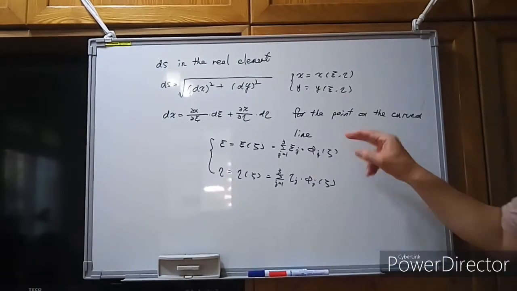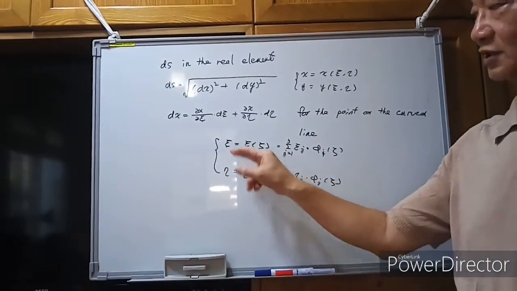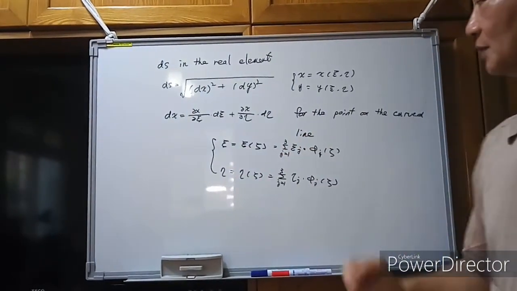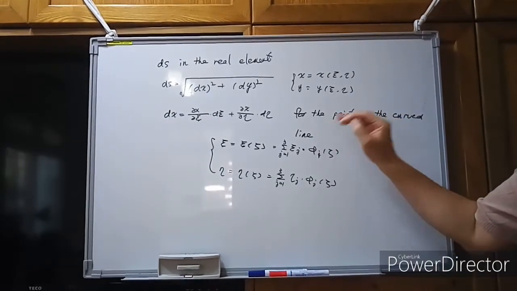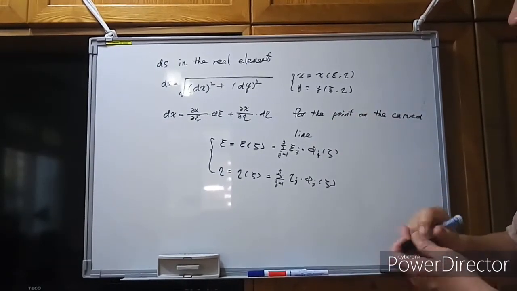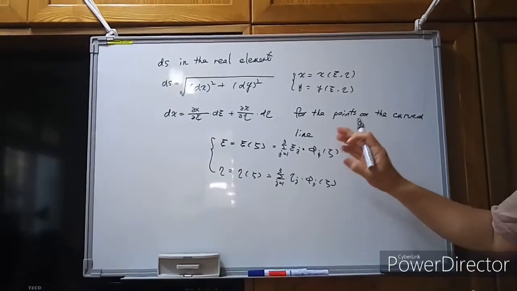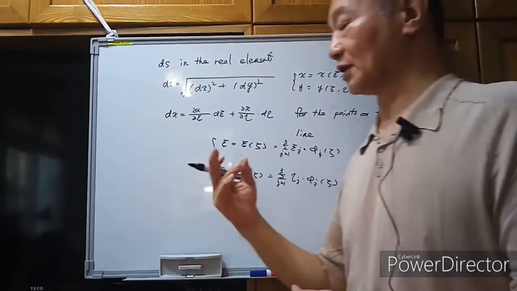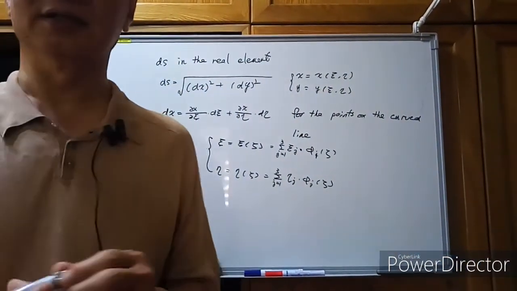So for the points on the curved line, we can change the zeta value to trace the change of the c and the eta in the mass element.